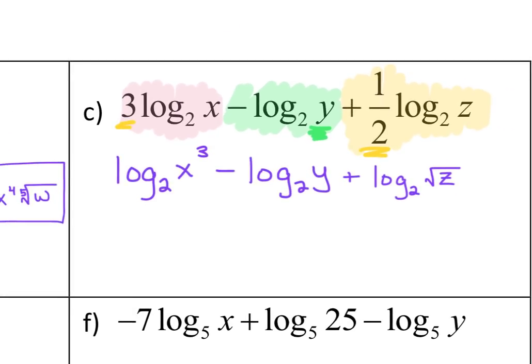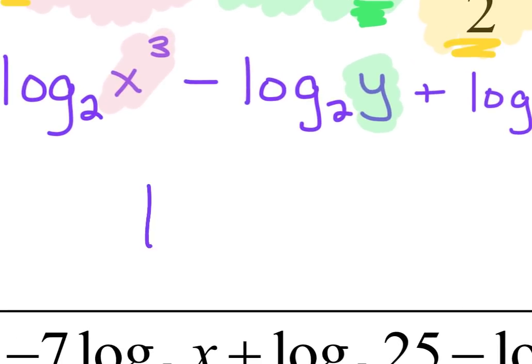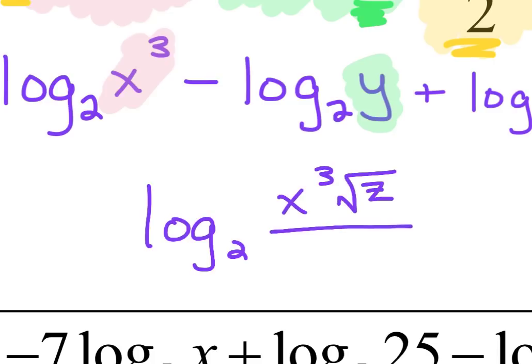And now I'm going to take the x cubed and put it in a numerator, take the y and put it in a denominator, and take the radical z and put it in the numerator. And so my whole answer to this question is going to be log base 2 of x cubed radical z all over y.